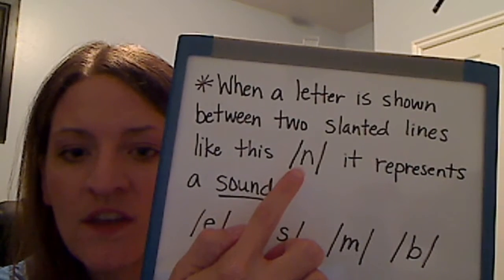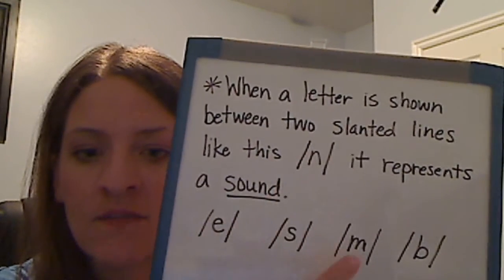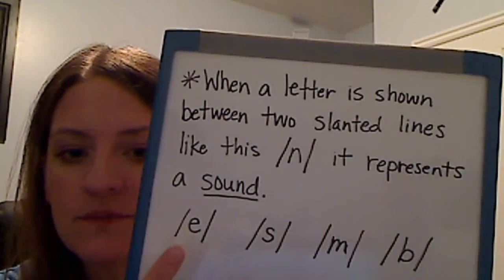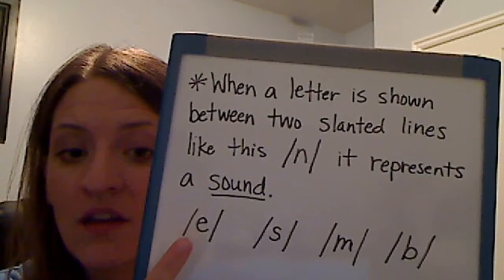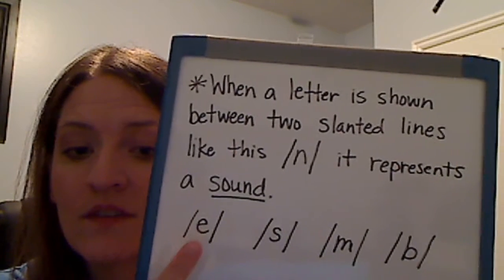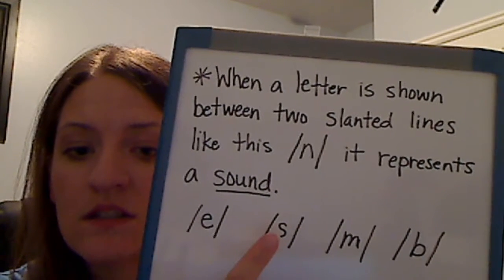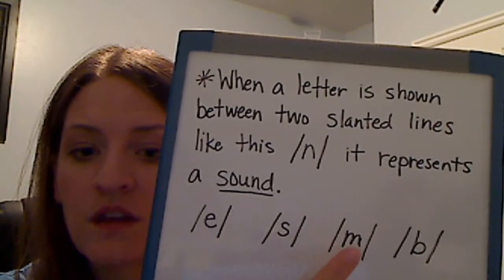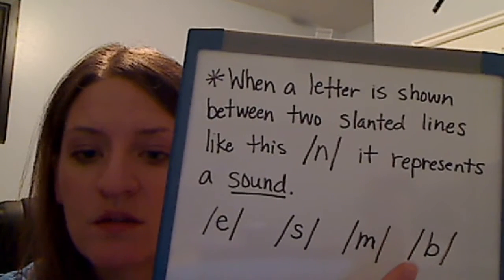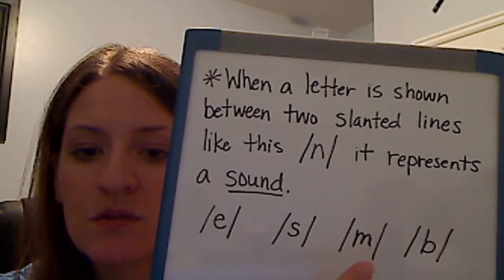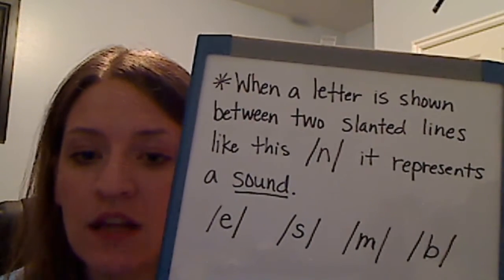So this would represent the N sound, or it would sound like N. Okay, so over here, this would be the E sound, and it could be long E or short E. This would sound like S for the S sound, M for the M sound, B for the B sound. So whenever you see letters written between two slanted lines like this, it's just telling you that it represents the sound that that letter makes.